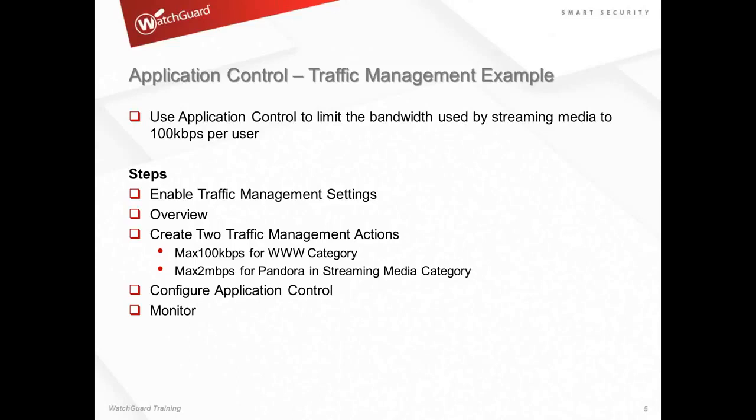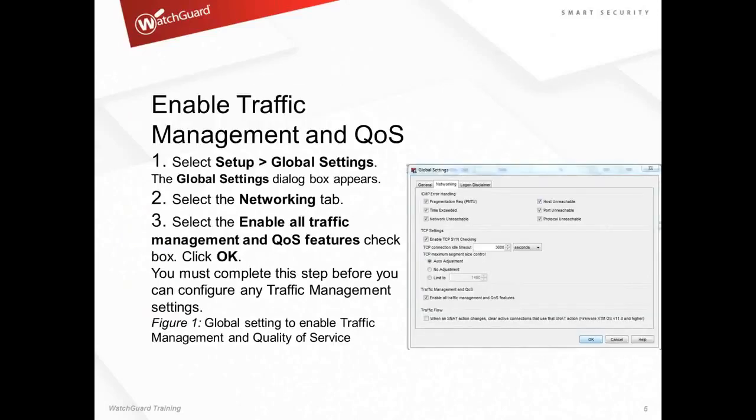We're going to take a max of 100 kilobits per second for the World Wide Web category, just general surfing, and then a max of 2 megabits per second for Pandora in the streaming media category. Then we're going to configure and apply those configurations, and end up monitoring them as well.